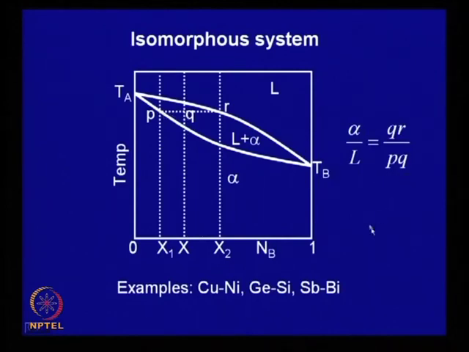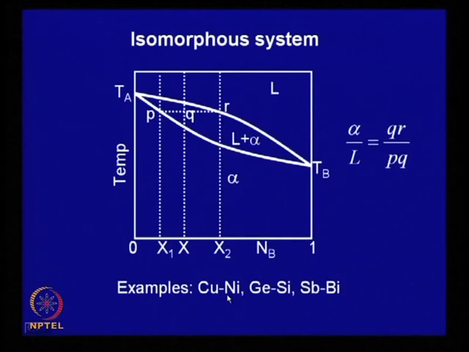There are certain alloys which exhibit this kind of phase diagram, which are listed here. One of the common alloys is copper nickel. If you look at both copper and nickel, they have identical crystal structure and nearly similar lattice parameters, the difference is less, and therefore the atomic size difference is less. So, they exhibit unlimited solubility.